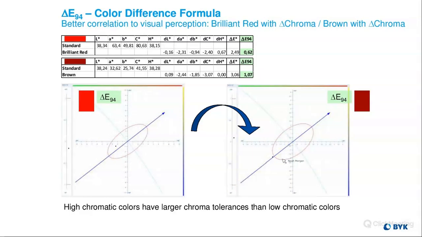So it's a smaller tolerance length-wise, whereas this one's a longer tolerance. And that's because of that chroma, right? We have a hard time depicting that chroma on high chromatic colors, but on less chromatic colors, we can easily pick up those differences. So this takes that into account.